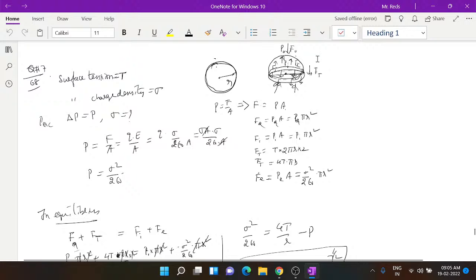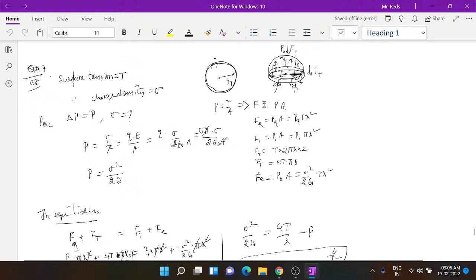Here, atmospheric pressure acts from outside, let us say in this direction, and due to that a force also acts. That force can be expressed as pressure into area.